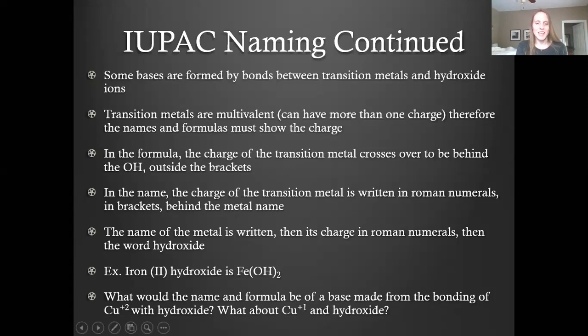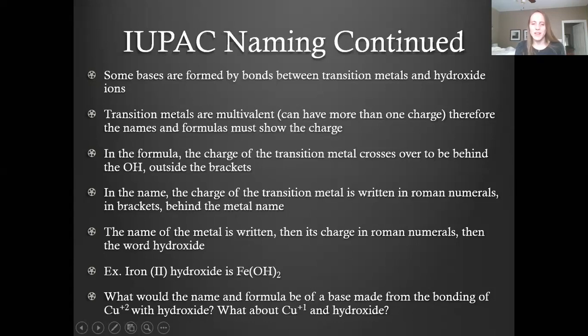For instance, if I have iron (II) hydroxide, this II in Roman numerals tells me the charge of my iron. Iron is Fe, hydroxide is OH, and then I cross this charge of 2 over.